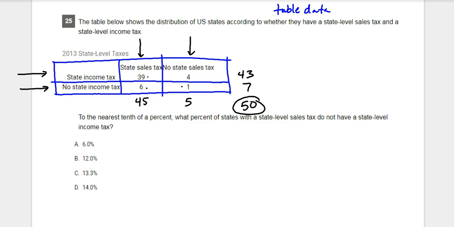So now the whole thing here is they're going to ask, they usually ask for a percent or they ask for a fraction, but the biggest mistake I see people make is they don't know what the bottom number is. So let me help you here figure out the bottom number. To the nearest 1/10 of a percent, so I got to round to 1 decimal place, what percent, and this is the key part, what percent of states with a state level sales tax.